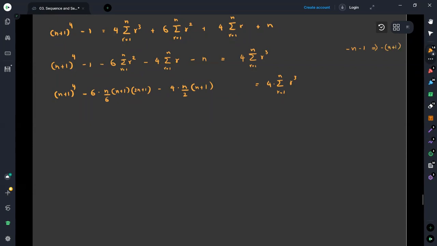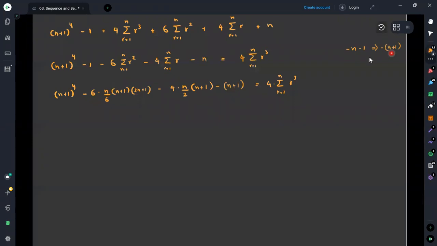It is because I will try to take n plus 1 out of this equation. Now I have not made any harm. It is because here we had minus n minus 1. What I have done was I have simply taken this minus sign out of these two terms. Then the remaining was minus times (n plus 1).